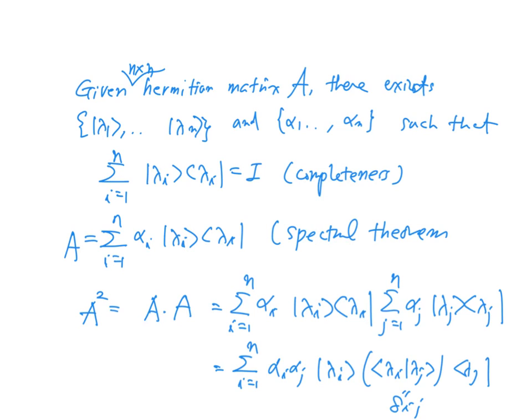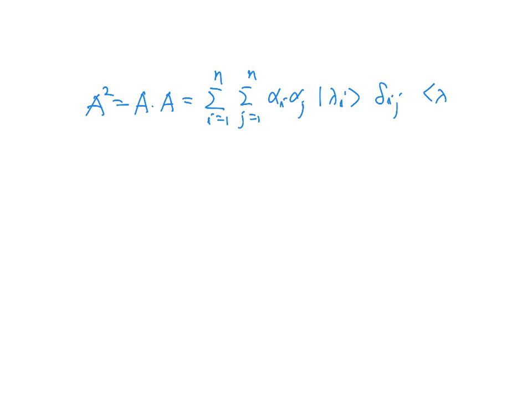So it becomes, obviously, this term can be written down as alpha i, alpha j, lambda i, delta ij, lambda j, right?